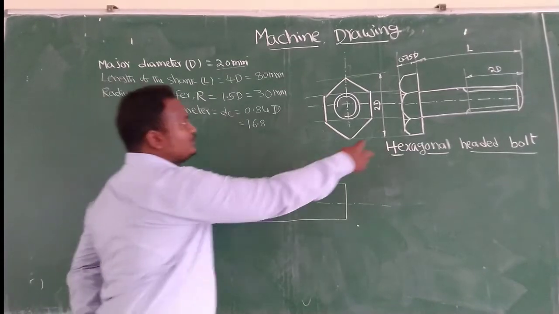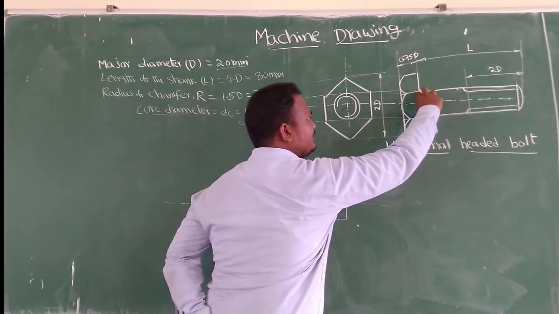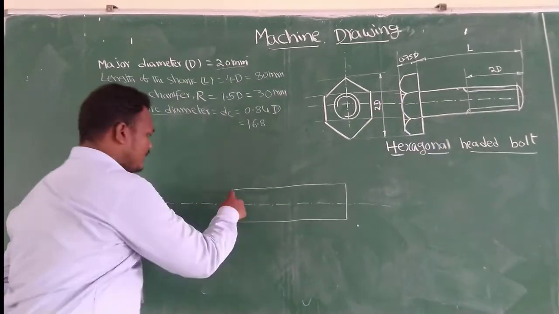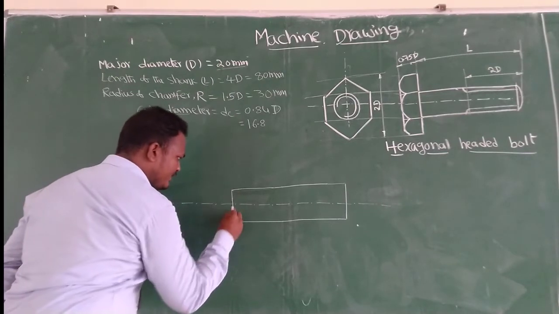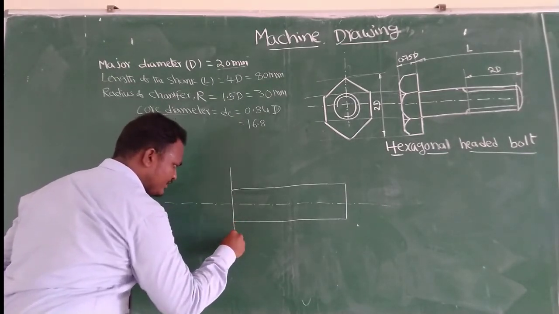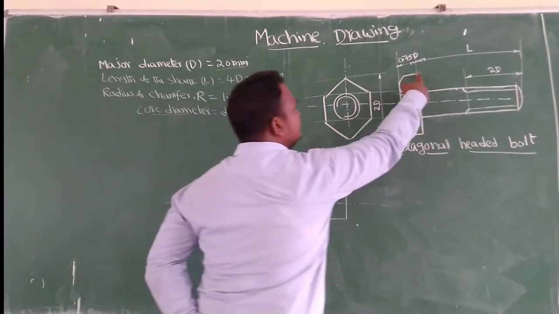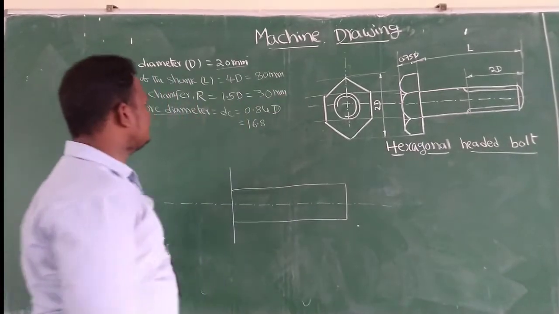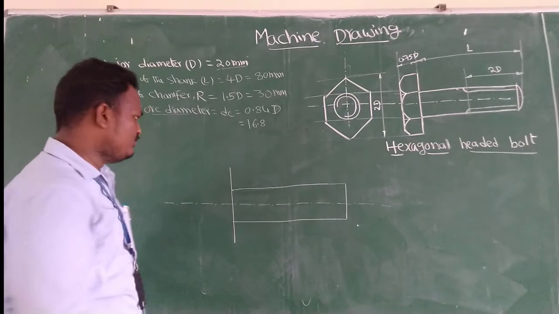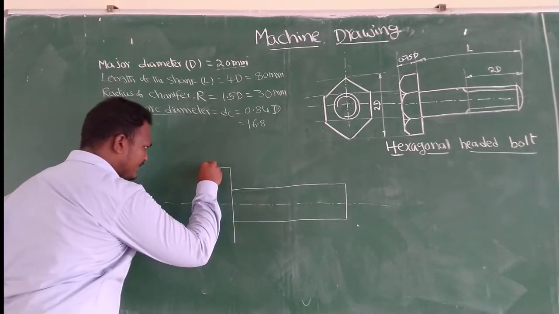Next, this height is 2D. Here D is already there, so D by 2 on each side: 20 mm, then 10 mm and 10 mm. Finally this is 2D. This is 0.75 D. Calculate 0.75 into 20 and you get a value, that is the length of the head.